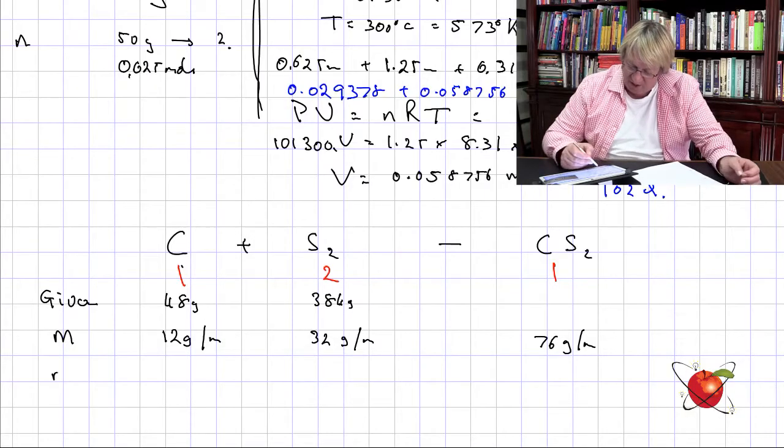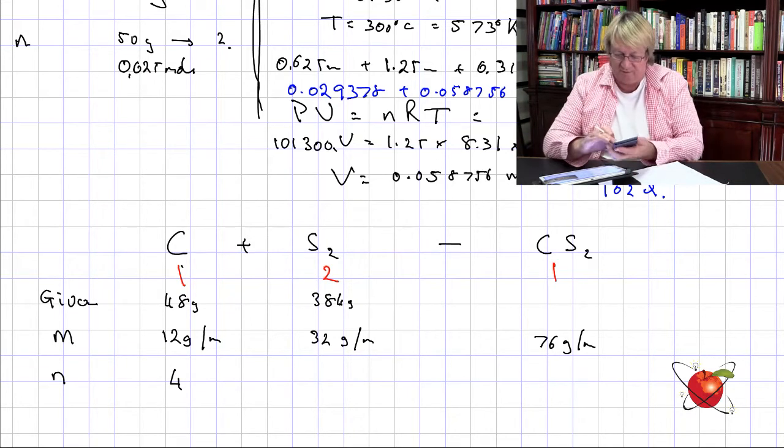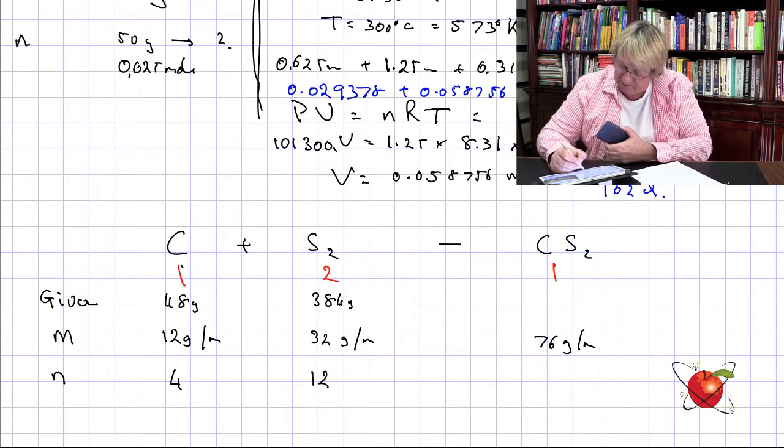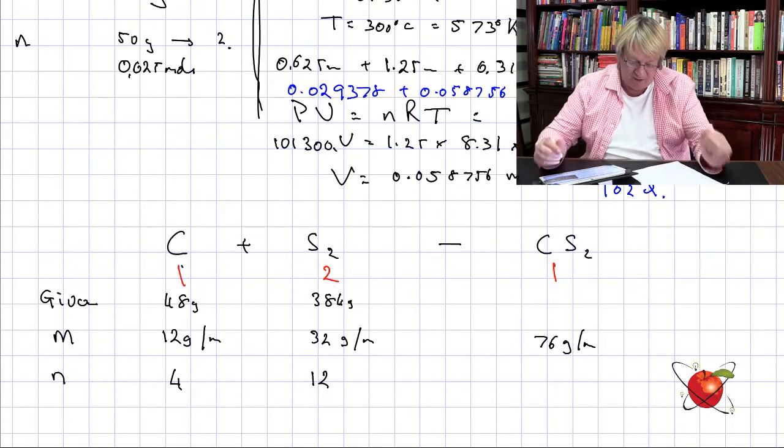Let's now have a look at the number of moles. So, number of moles, I've got 4 moles here, and over here I've got 12. And at this point, we don't know.